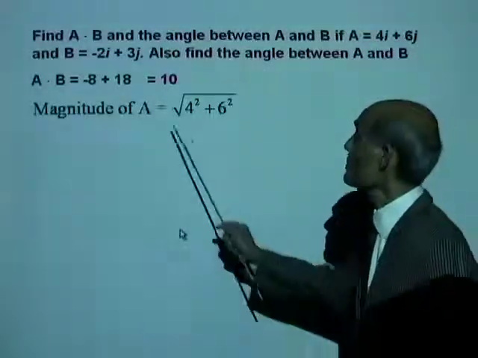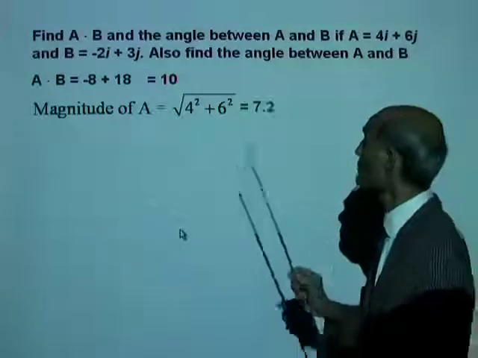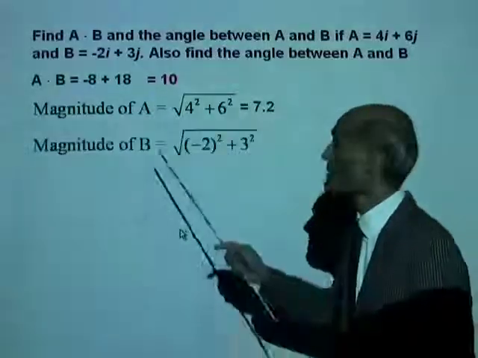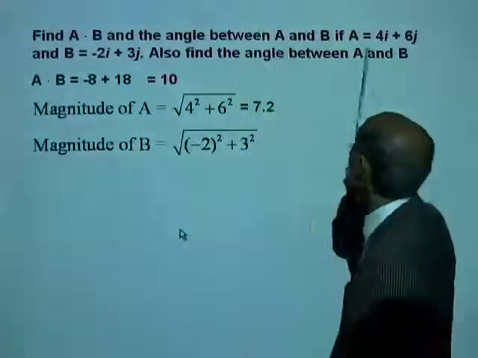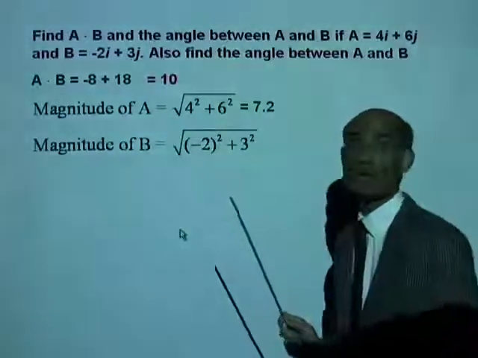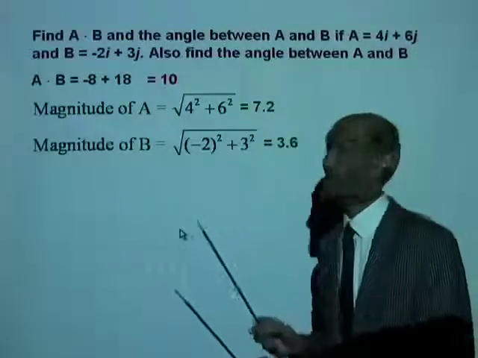So the magnitude of A is square root of 4 squared plus 6 squared, approximately 7.2, and the magnitude of B is square root of negative 2 squared plus 3 squared, approximately 3.6.